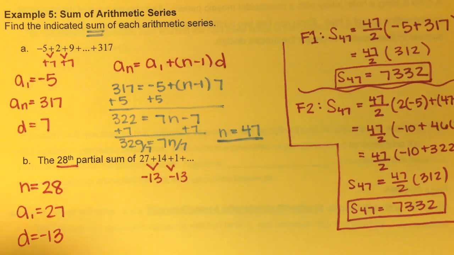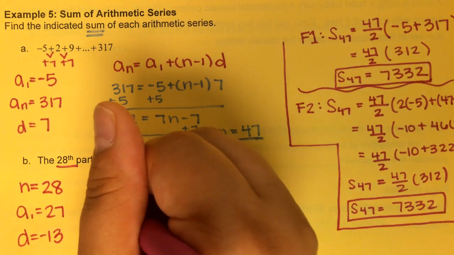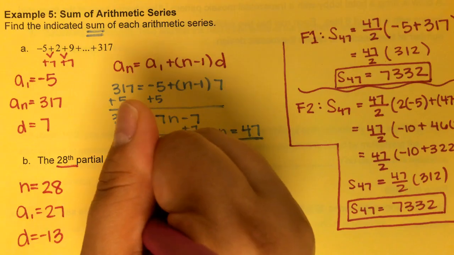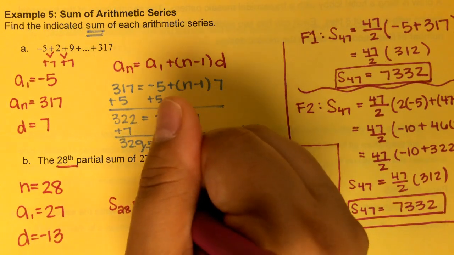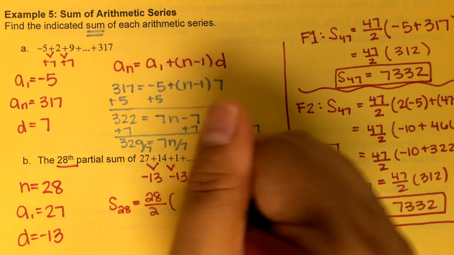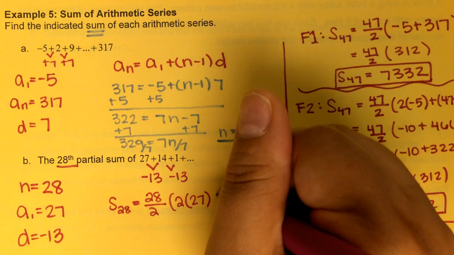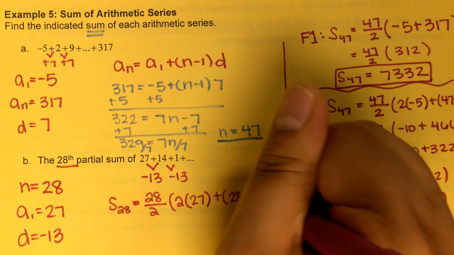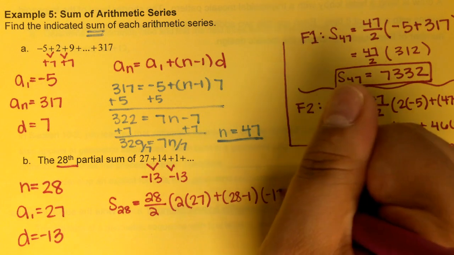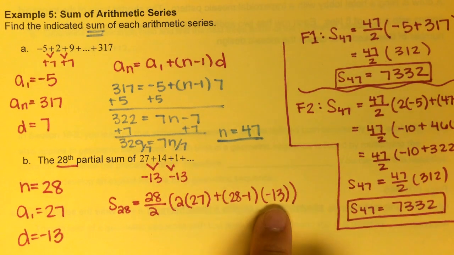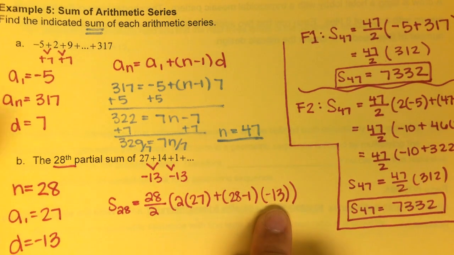I have everything I need for what? The second formula. So I'm just going to plug into the second formula. And again, you need parentheses around that negative 13.